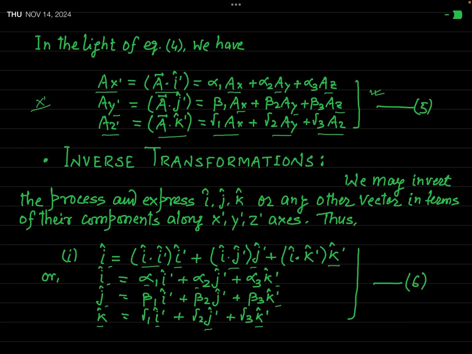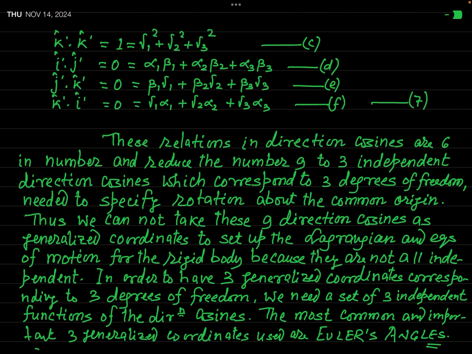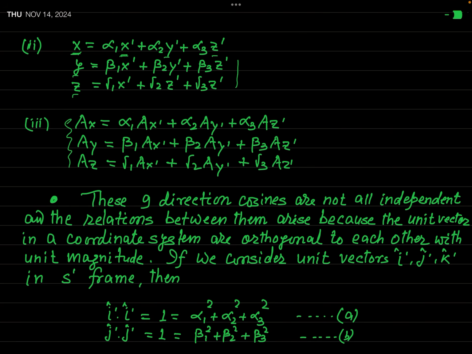Only you have to change the primed quantities by unprimed quantities and the unprimed quantities by primed quantities. So you can see this Ax can be written as alpha 1 Ax dash plus alpha 2 Ay dash plus alpha 3 Az dash. Similarly, Ay will be equal to beta 1 Ax dash plus beta 2 Ay dash plus beta 3 Az dash, and a similar result will hold for Az.